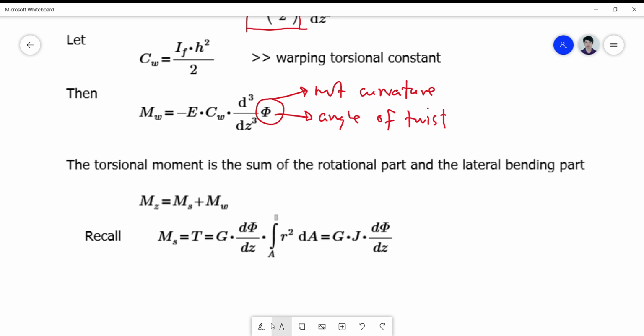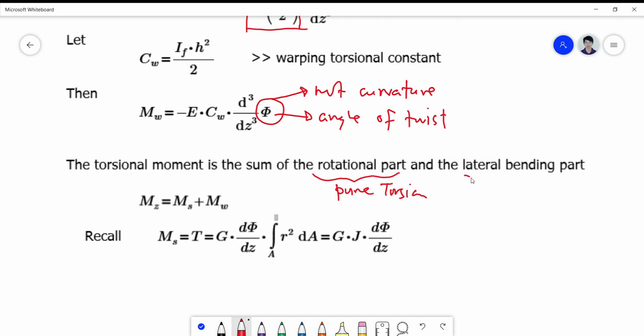This rotational part being your pure torsion given by the St. Venant torsional concept, and your lateral bending part is actually the warping torsion discussed here in this lecture. Okay, so MS plus MW is simply equal to the total moment.